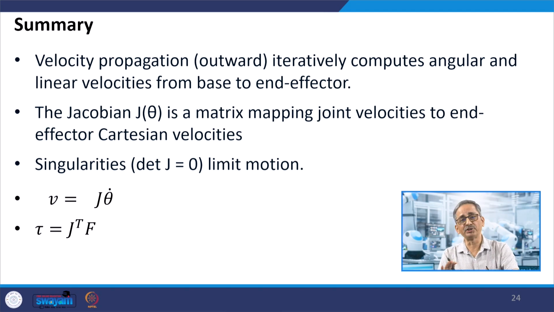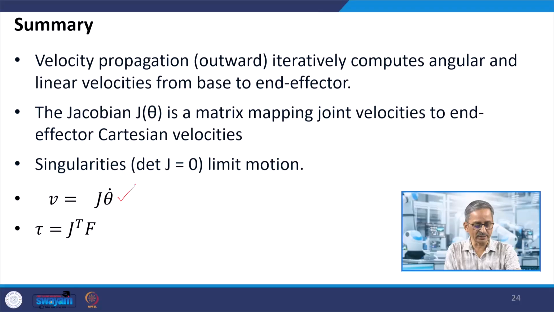So, every robotics engineer has to keep this always in mind when designing, that we may have a situation where your joint may be rotating at an infinite rate, but your manipulator tip may not be moving in a desired way. In a certain direction it might have lost its degrees of freedom.